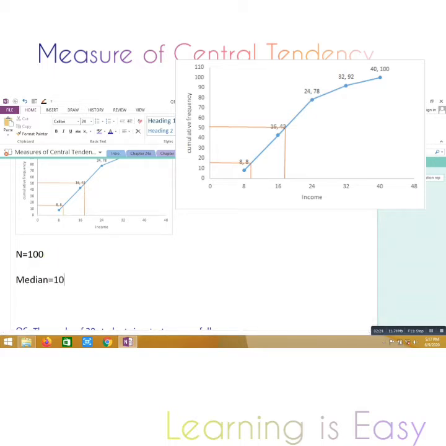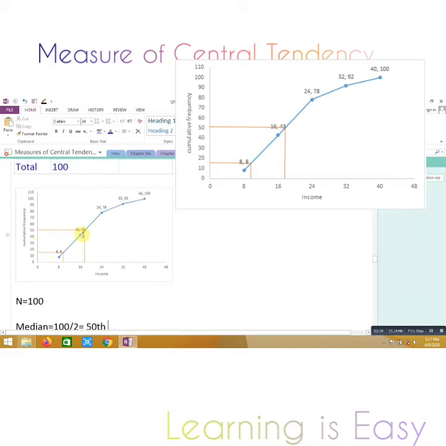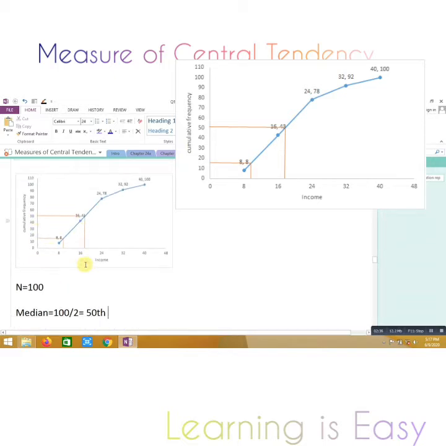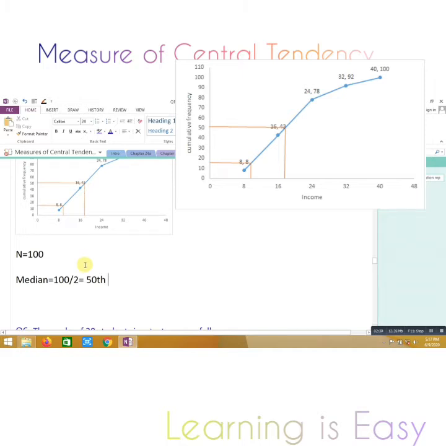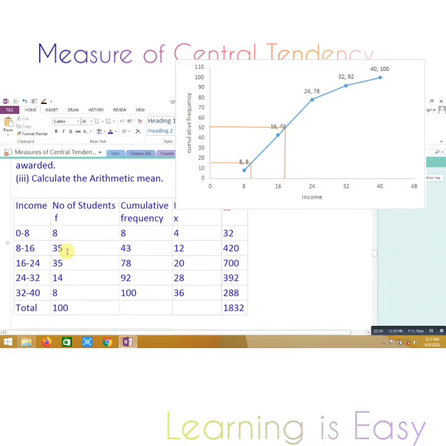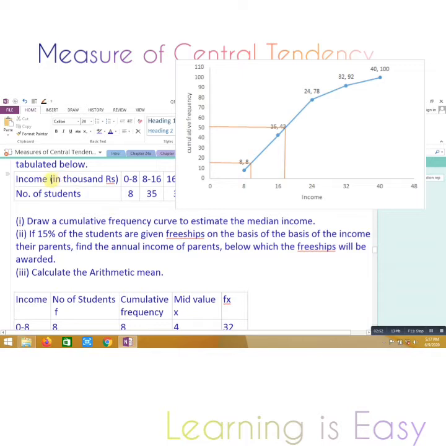So median is 100 by 2, that is the 50th term. So draw a line at 50 on the y-axis and a perpendicular line to it on the x-axis, where does it meet? That's the median point. So median is equal to 17.6, and it's in thousands, 17.6 thousands.